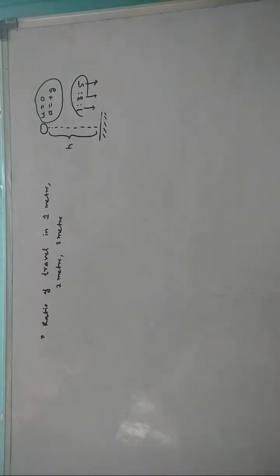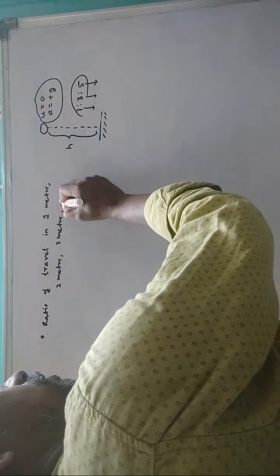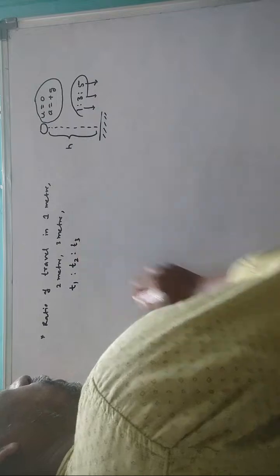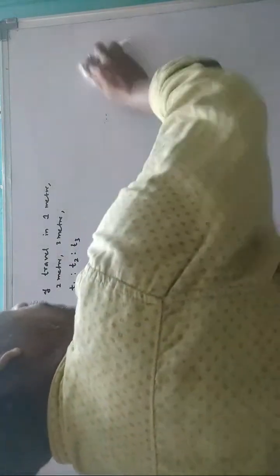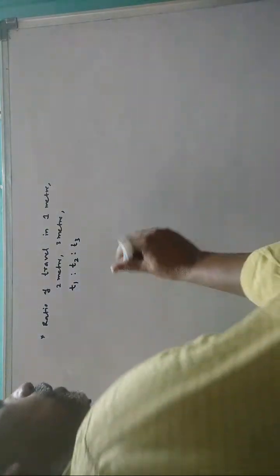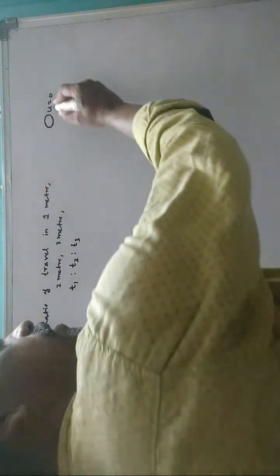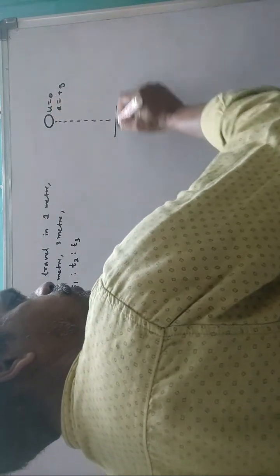Write this: ratio of travel in 1 meter, 2 meters, 3 meters, the times taken ratio. This is a freely falling body, so u equal to 0. The condition for a freely falling body is a equal to plus g, as it is falling down to the earth.